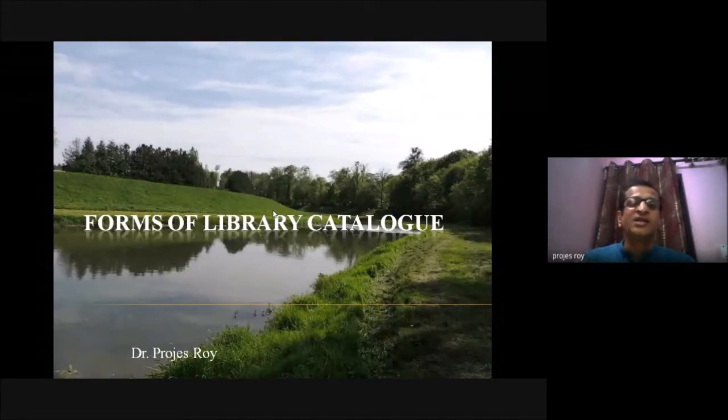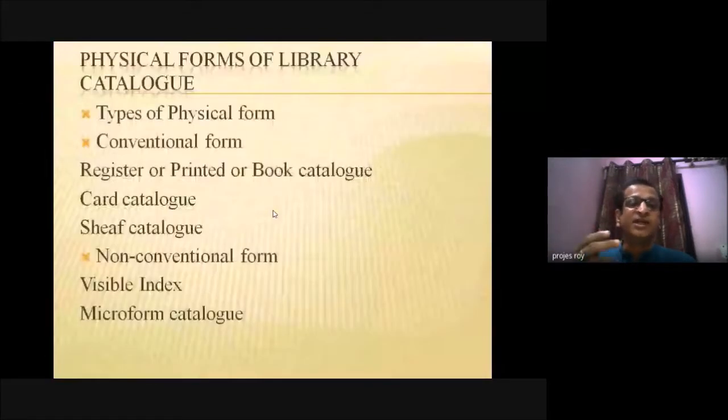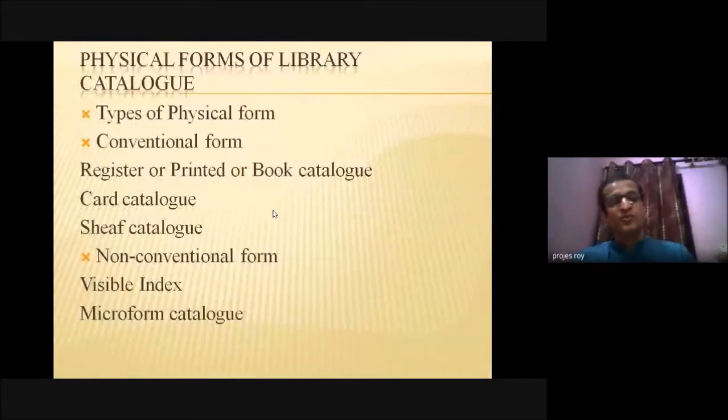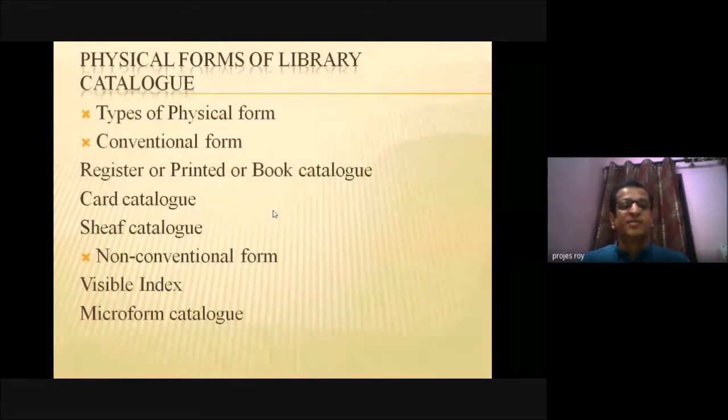Now, as far as the physical form of catalog, there are two basic divisions: conventional form and non-conventional form. In conventional form, you will see the register or printed or book catalog kind of thing. Then it comes as a card catalog, then sheaf catalog.